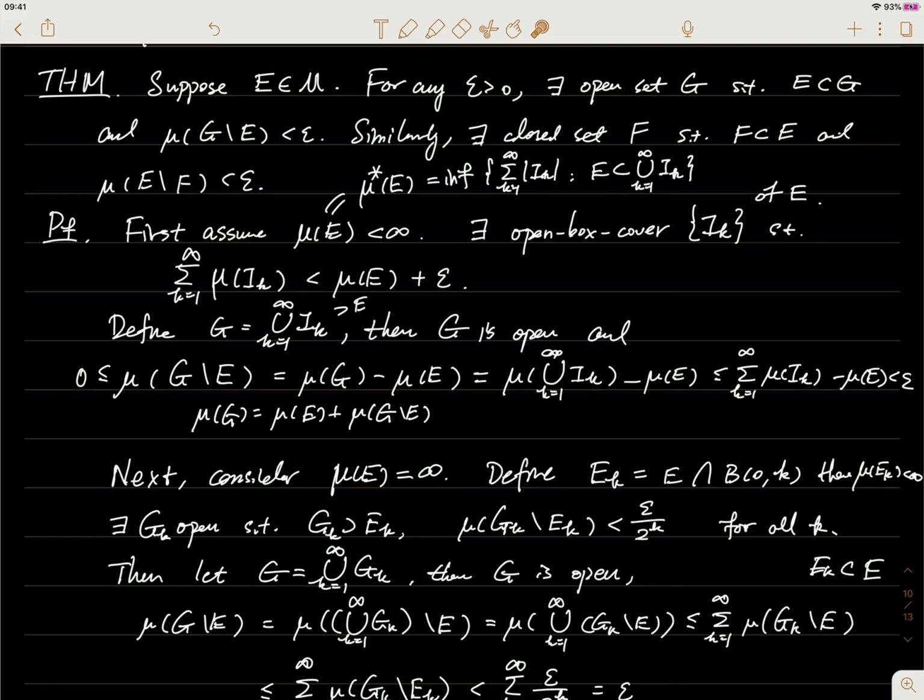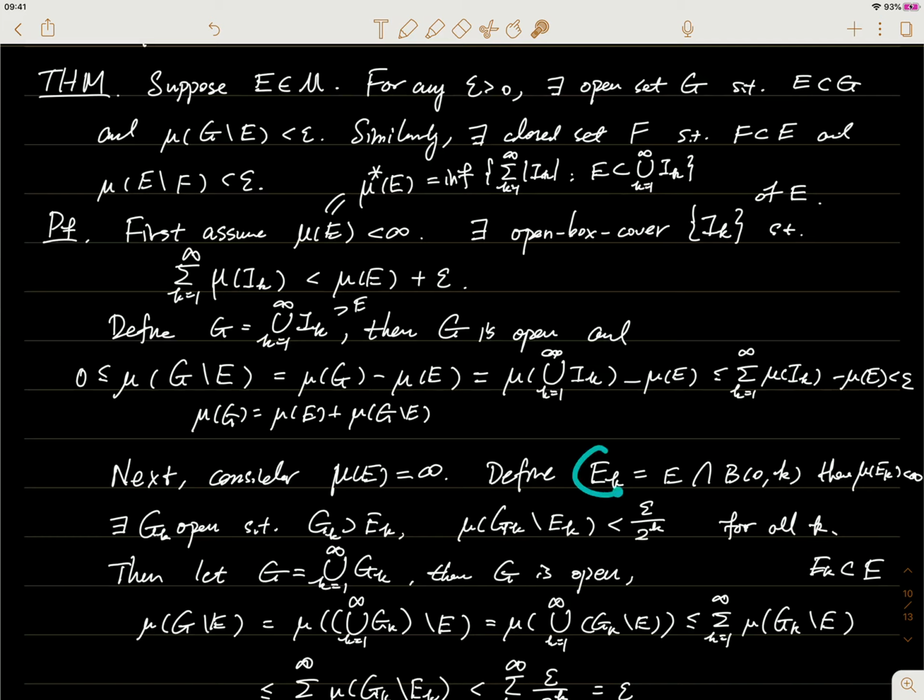Okay, and now the G_k is defined in this way for each natural number k. And now I'm going to take the union of these G_k's, which I call G, and G is open because every one of them is open. And then let's look at the measure of the difference between G and E. Okay, so first of all, apparently this G will cover the entire E, right?